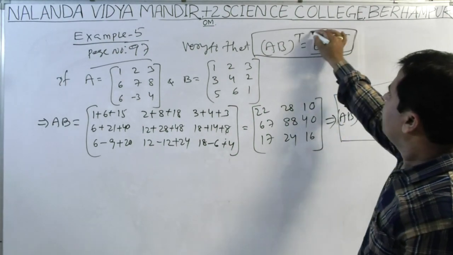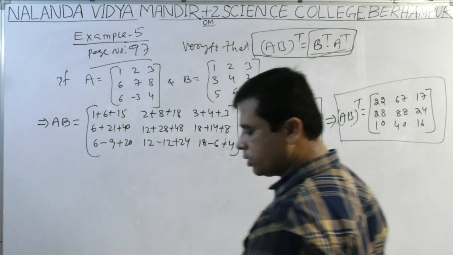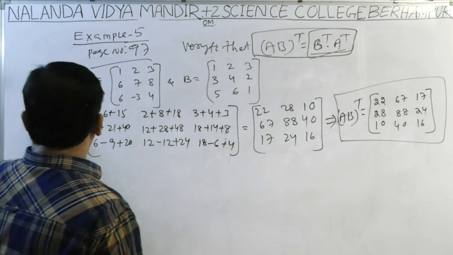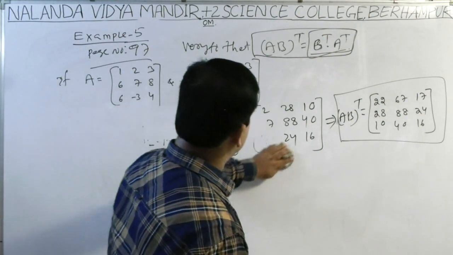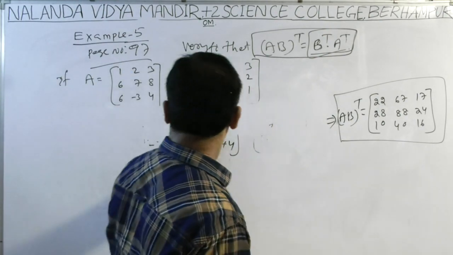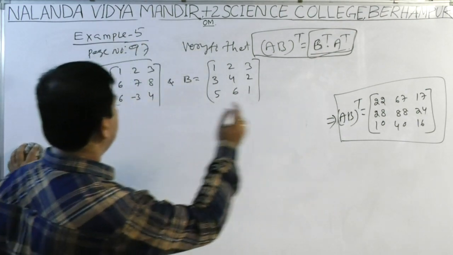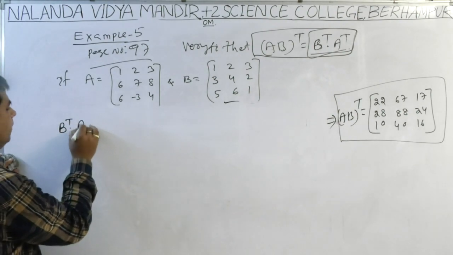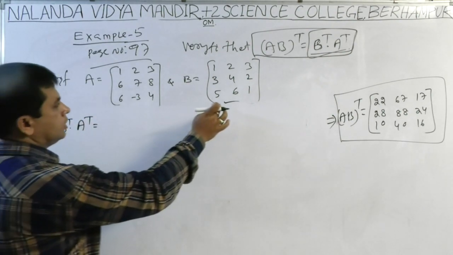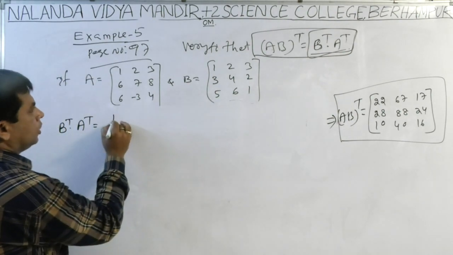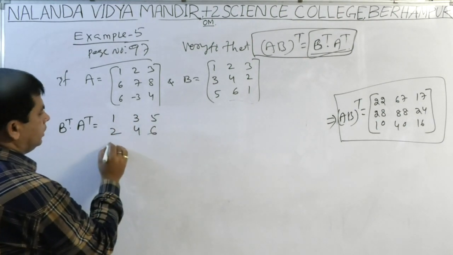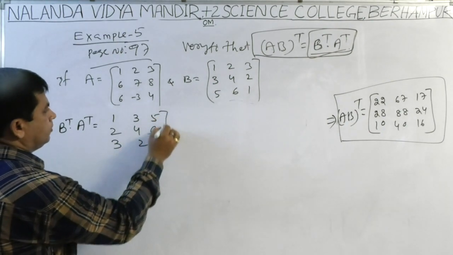Now we calculate B transpose into A transpose. This is our B matrix. We can find B transpose into A transpose. Therefore, B transpose is equal to 1, 3, 5, 2, 4, 6, 3, 2, 1.